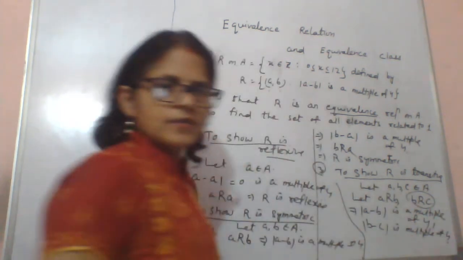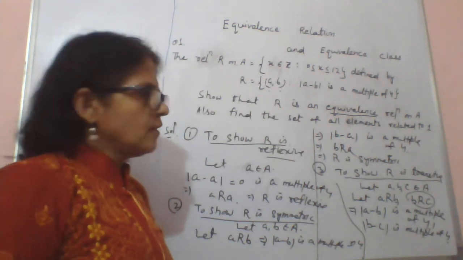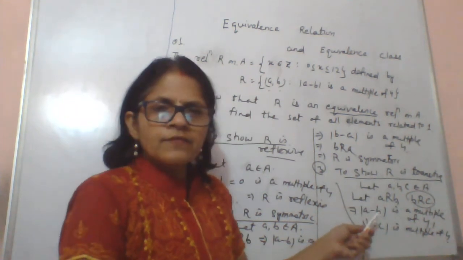You need (a, c) in R, which means you need mod a minus c to be a multiple of 4.